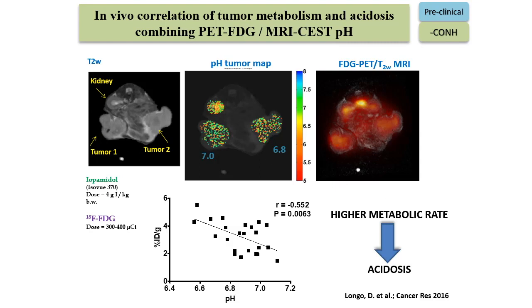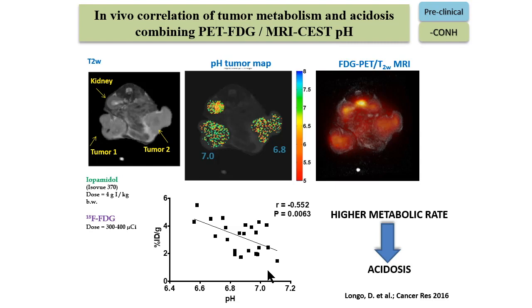What was interesting in this work was to compare the FDG uptake by these tumors, by PET, with the change in pH, the average pH of the tumor. And an inverse relationship has been found.